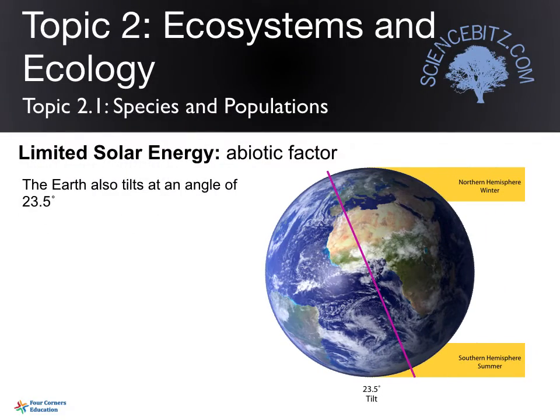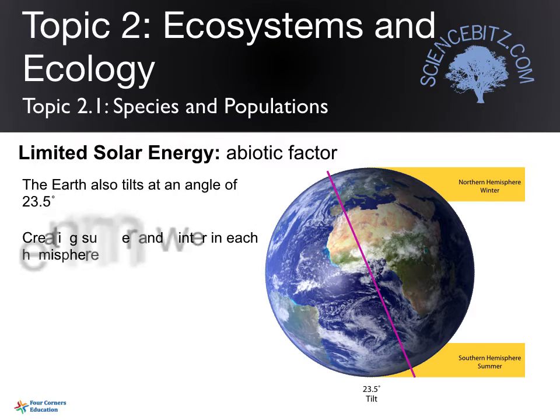Coupled with that is the fact that the Earth actually tilts. The axis of the Earth is not at 90 degrees, it's actually slightly off at about 23.5 degrees. So what this does, it actually creates winter and summer in our hemispheres. So when the axis of the Earth is furthest away from the sun in the north, we have our northern winter. But at the same time, the southern hemisphere has the southern summer.